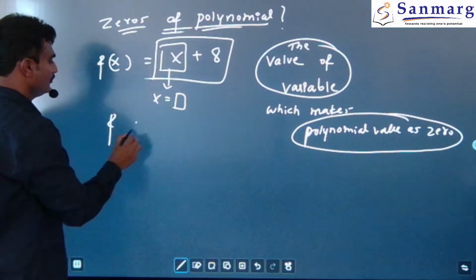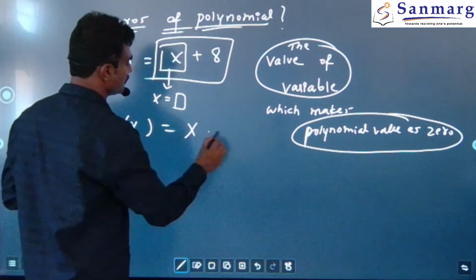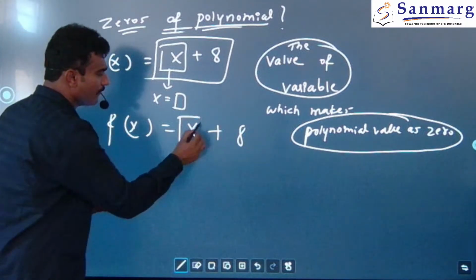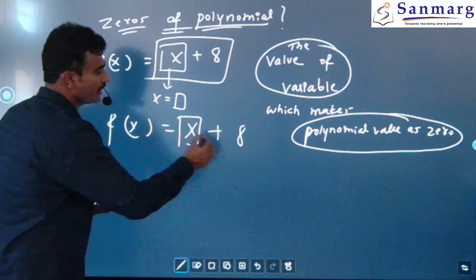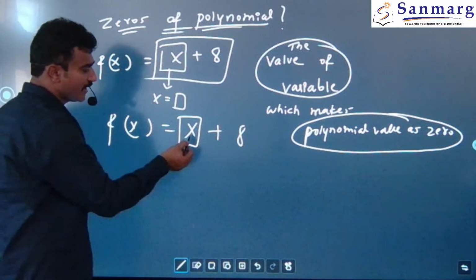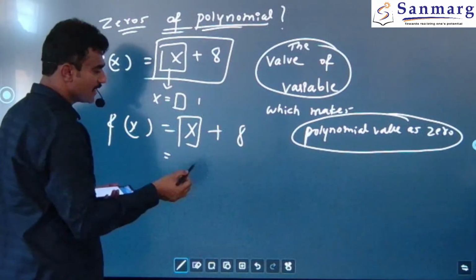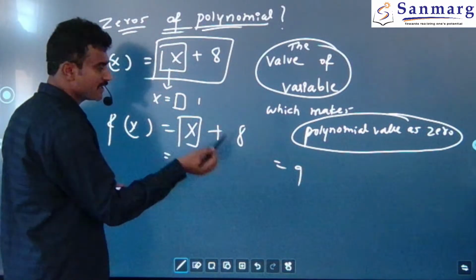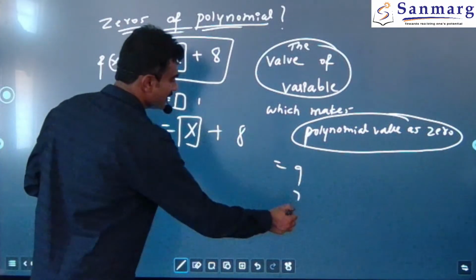So the simple question is f of x equal to x plus 8. For what value of x does this whole expression become 0? For example, if I take x value as 1, 1 plus 8 will be 9. If I take x as minus 1, then 8 minus 1 will be 7.